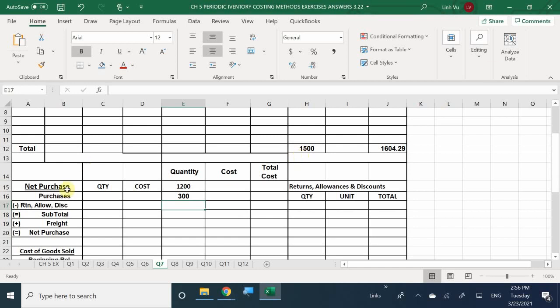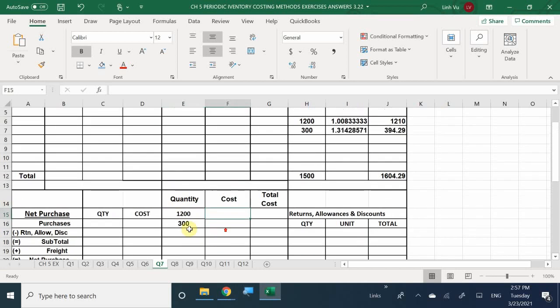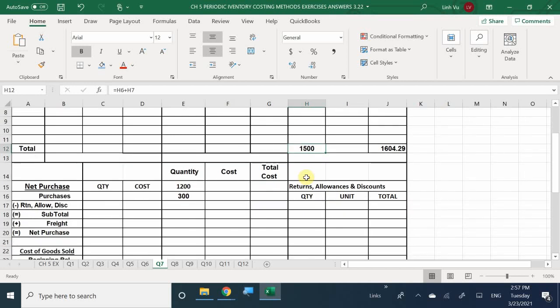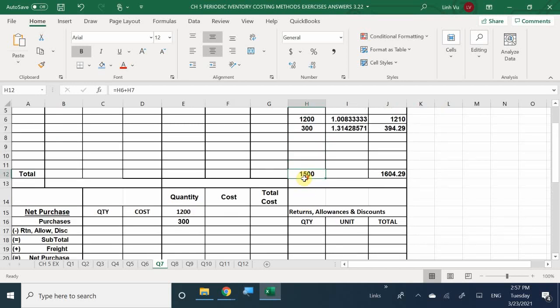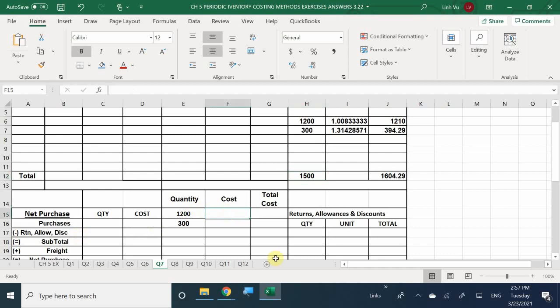Okay, so I'm going to go ahead and insert this, my beginning balance. Remember that, we need to calculate it up here first because ultimately, that's where we're going to plug in our numbers. This is just our pretend worksheet that allows us to see what goods we actually have available. So I'm going to plug in my numbers once again. It should equal this, and that should equal this.